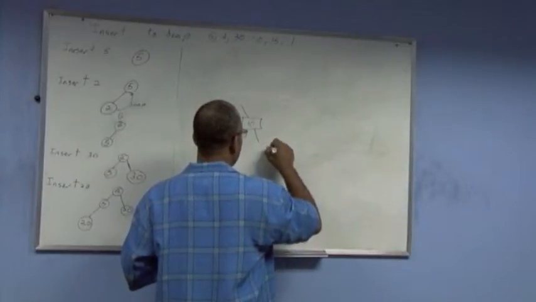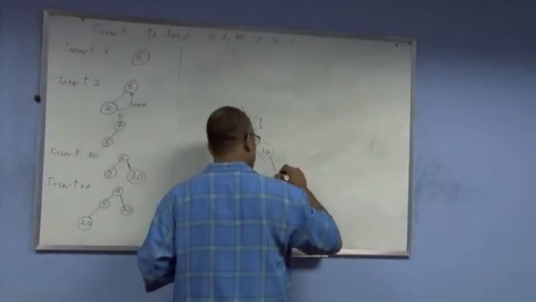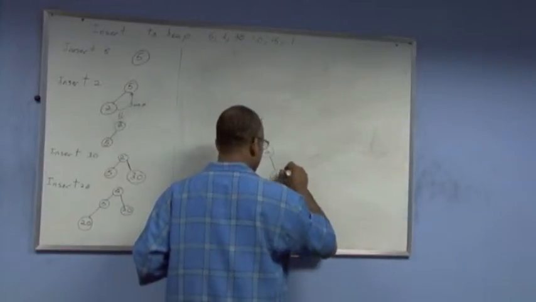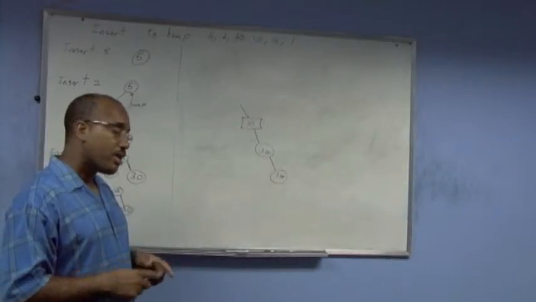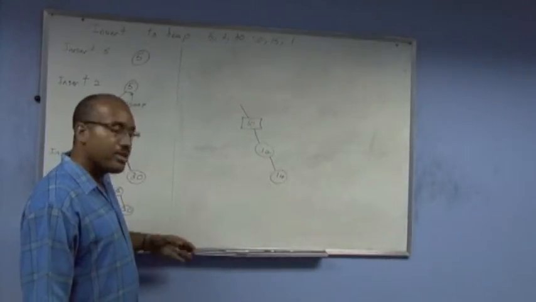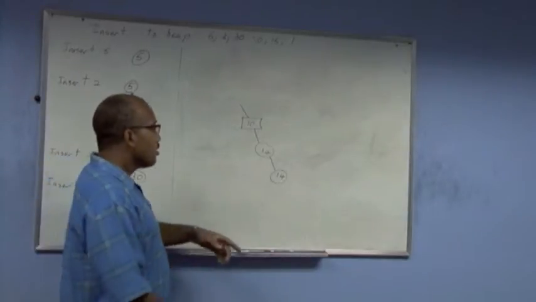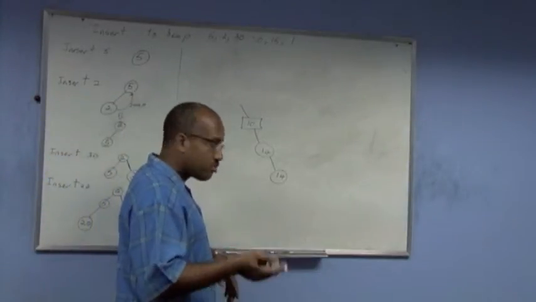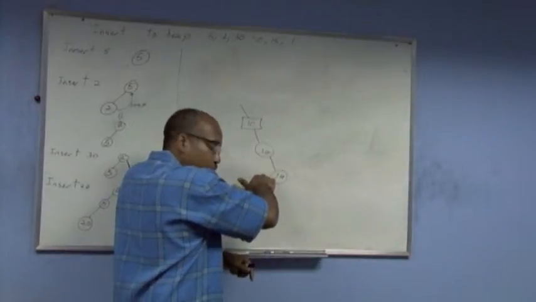This is 12 for argument's sake. And this may be 14 for argument's sake. The insertion rules for binary search trees are pretty much the same, but they are passed on to red-black trees. It's just that red-black trees have some additional rules on them. So this is an RB tree and you've put in the new node here.